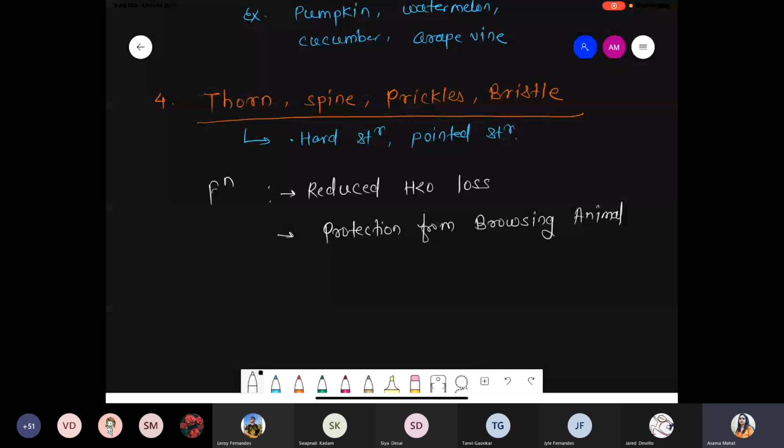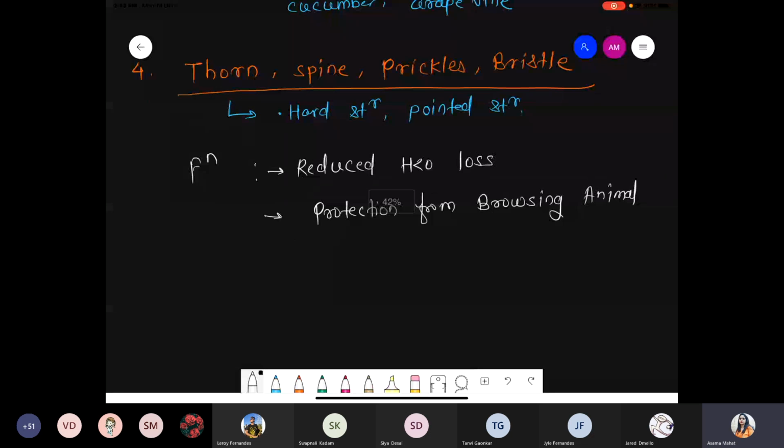So quickly we are writing one example for each one. First of all, the first category we are talking about is thorns. Thorns, you know very well, are hard pointed structures. Such thorns are present in citrus like lemon and oranges, as well as in datura, or you can say duranta.